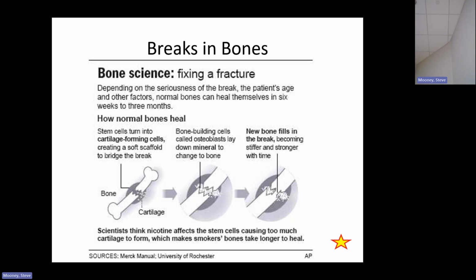Also, if we have all cartilage here, protein here, it's soft. It's going to bend. We need to have things immobile until we get over here where we're adding that calcium in so things become rigid again.